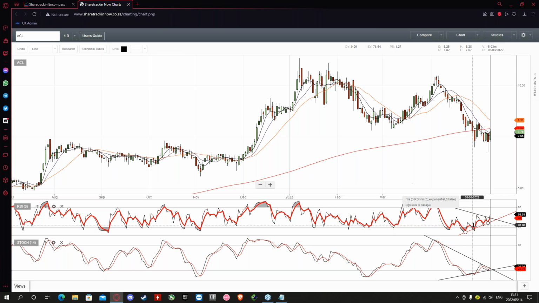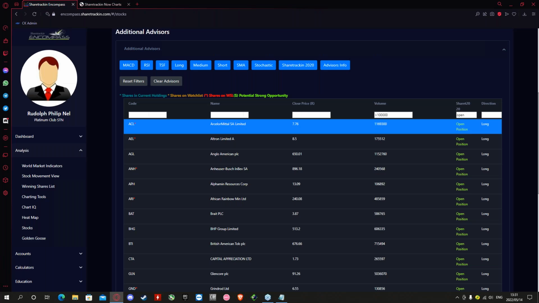Okay, with a bunch of buying indications going up. So this would be a really good indication for ACL, for instance, to go and buy. So the open position that it's giving us is a true open position. Sometimes you'd find that it gives you open position long, but then it's not correct. Remember that it won't always be correct.